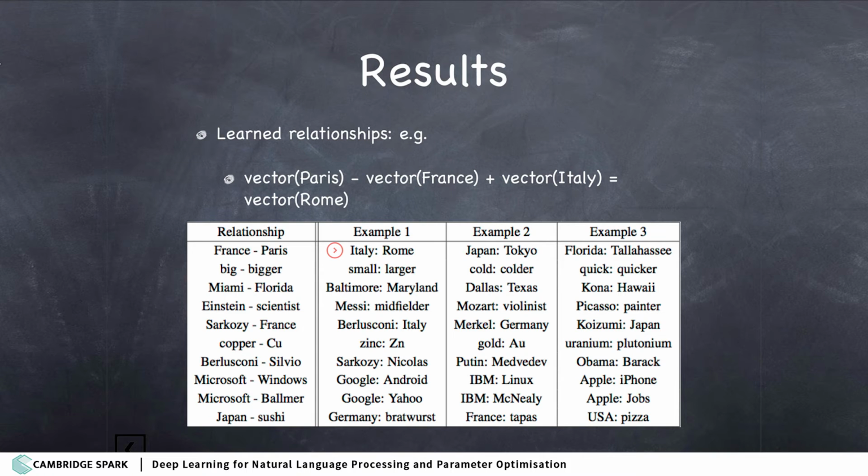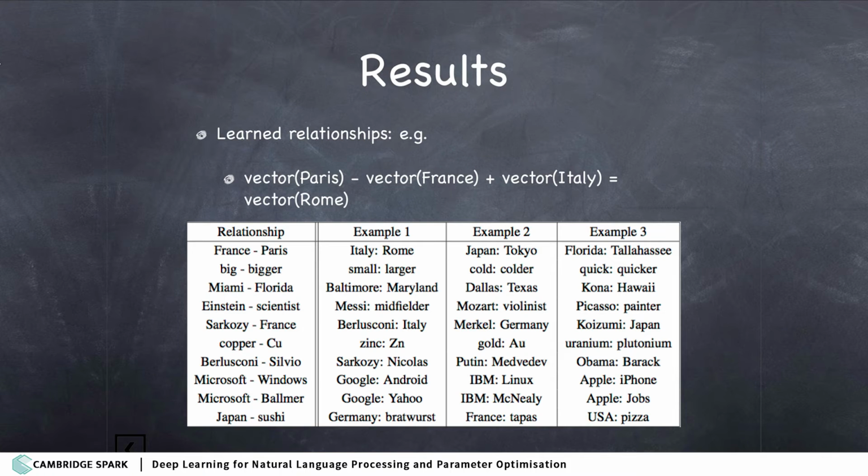If the system is shown something like Einstein, scientist, then for Messi it would predict that he is a midfielder, and so on. So the system learns these subtle relations between words without being told specifically what the type of relation is. This is possible by just using the representations of the words in the semantic space and applying simple algebraic functions to them.